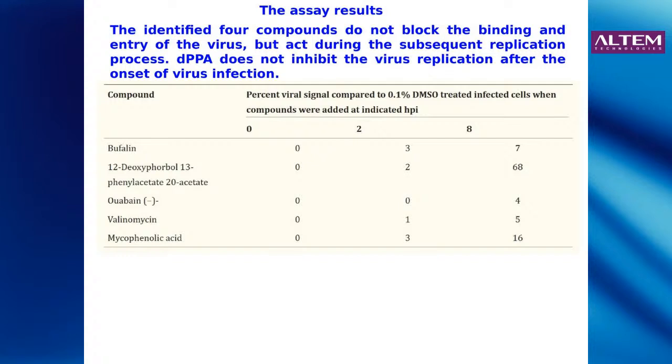If you add the phorbol ester at the time of infection, it inhibits the replication, and 2 hours after the infection, it's still inhibiting the virus replication to 2% level. But if you add the inhibitor at 8 hours after infection, the inhibition is only up to 68% of the untreated cells. So it is not working in the late period of infection.